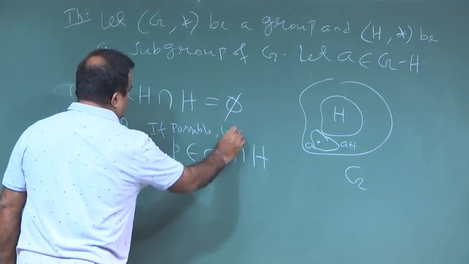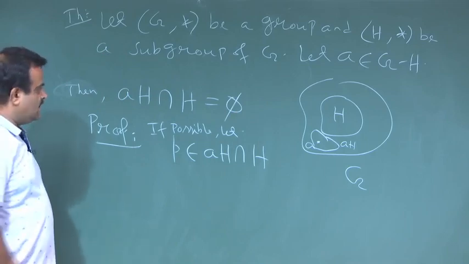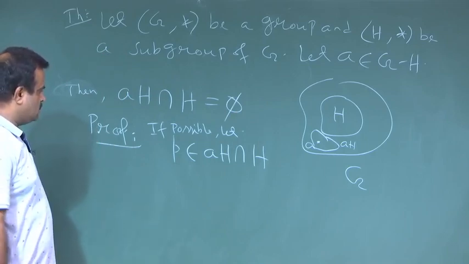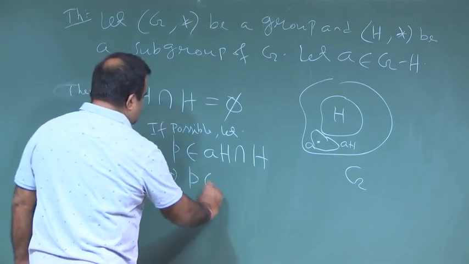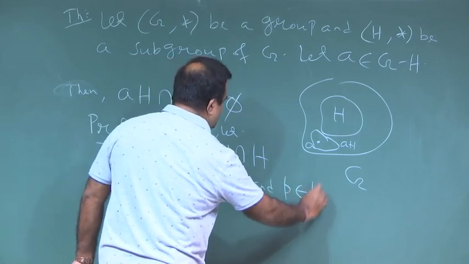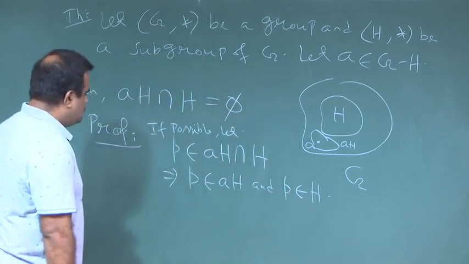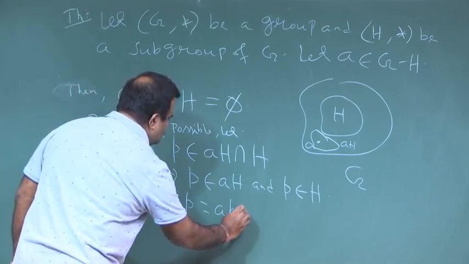Suppose, if possible, there exists such an element; we will reach a contradiction that such an element is not possible. So, this implies p is in aH and p is in H. So, p is in aH means p will be some ah1.